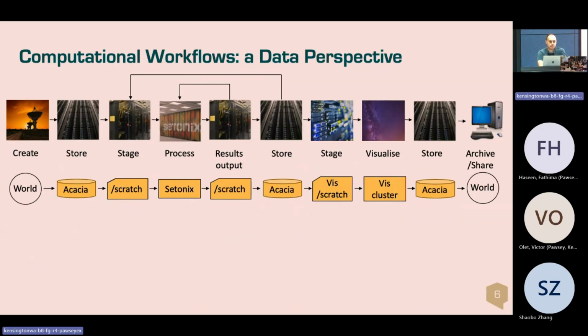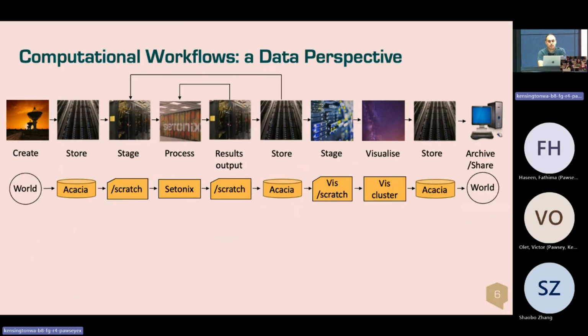Once the input is read, it is analyzed, and some output is produced. This output usually can be quite big as well, so you want to have a place to store your output as well. And this is, again, Acacia, an object store system which has a lifetime for the entire project, so you can keep input and output there as long as you want during the lifetime of the project.